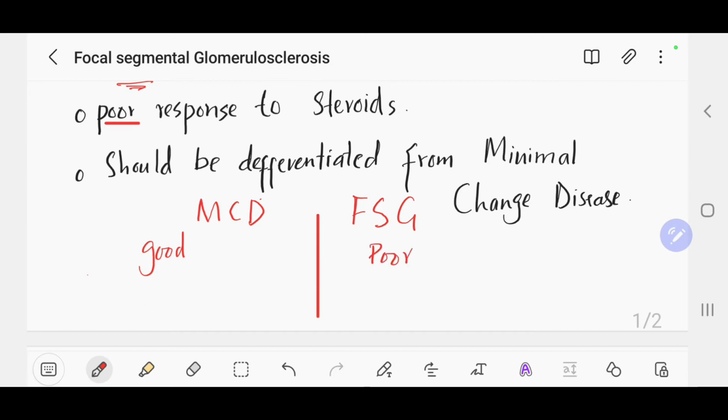The first one, on light microscope, looks normal, and this one shows sclerosis. This is the main differentiation between these two. Actually, minimal change disease is most common in children. This is the main differentiation between them.